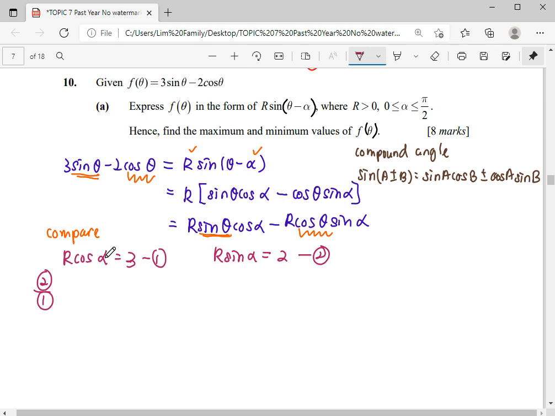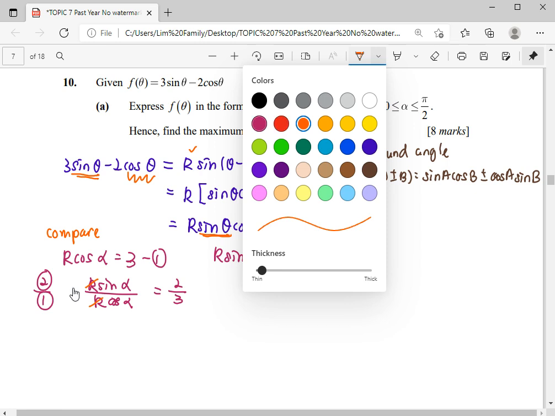So this is how we solve our simultaneous equations. So we take equation 2 divided by equation 1 so that I get R sine alpha divided by R cos alpha equals 2 divided by 3. So obviously we can eliminate our unknown R. At the same time, we get our tangent alpha.